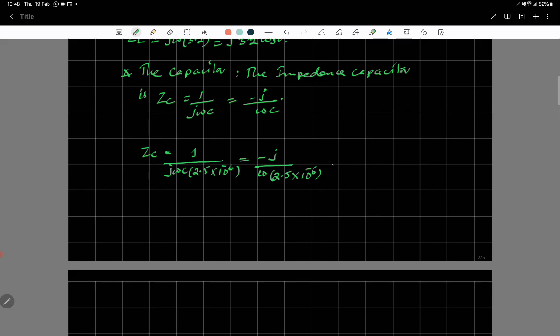By further simplification, it is equal to negative J times 4 times 10 to the 5 over omega ohms.